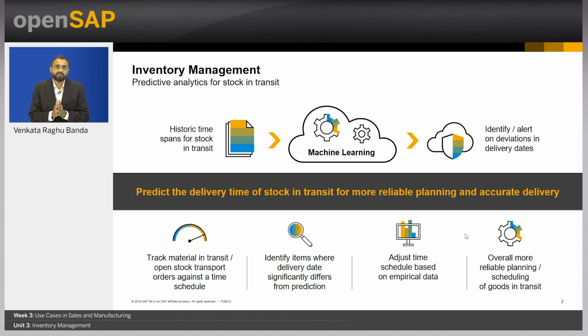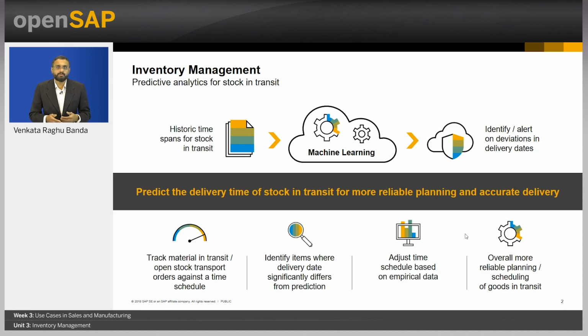Here we are focusing more on an inventory manager role. As an inventory manager, I would like to know when a particular stock is delivered from one plant and is moving to another plant, or from one location to another location.